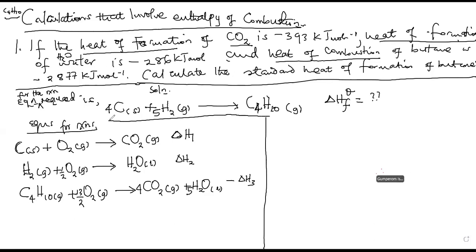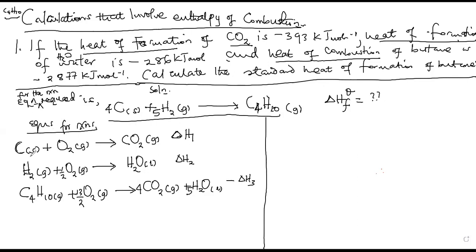You should always look at the equation required for the reaction, and you compare it with these other individual equations. For example, in the required equation, we have 4 carbons, but in the equation for the reaction, we have 1 carbon. Implying that to get 4 carbons of the required equation, we shall multiply equation 1 by 4.